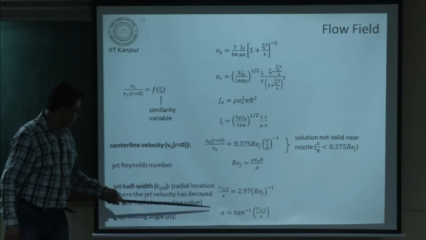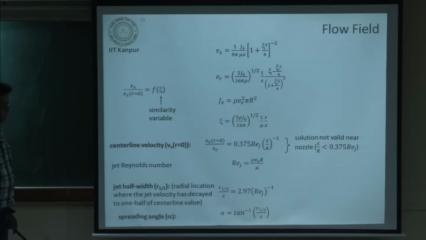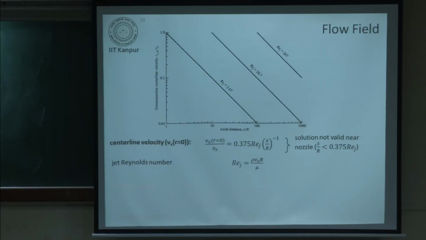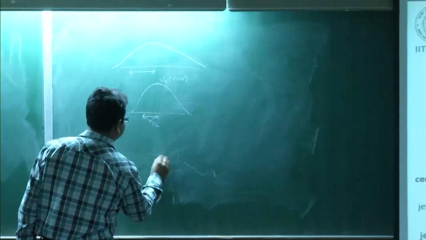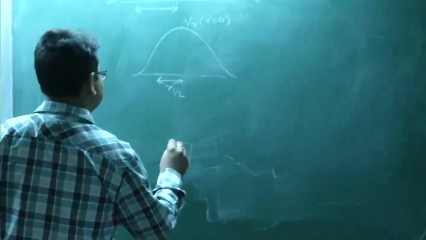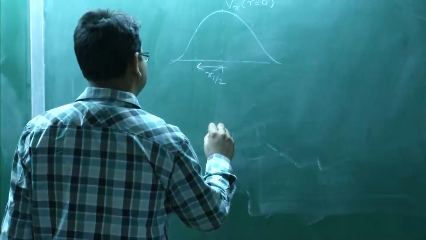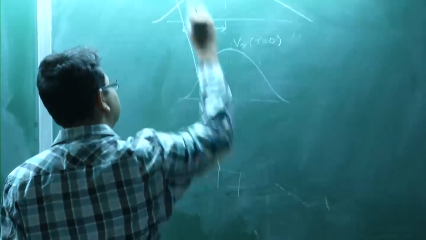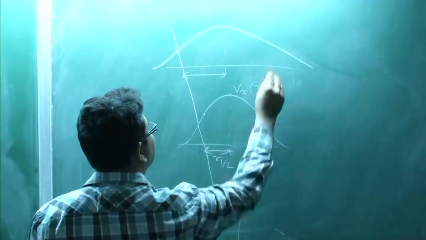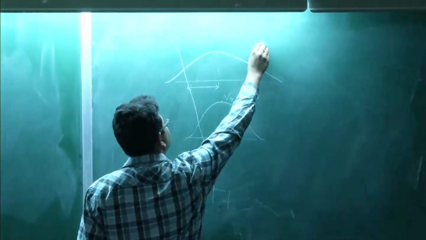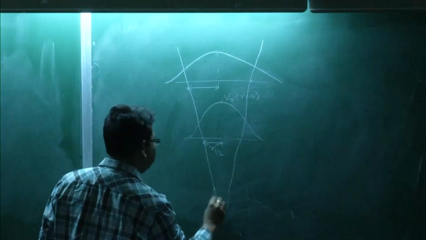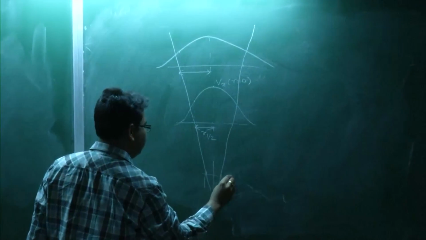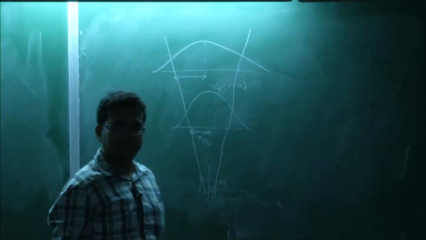And you can also calculate the jet spreading angle. So what is the jet spreading angle? Suppose you have the jet here and you connect through all the points, that is basically your half radius, and this angle is your jet spreading angle.